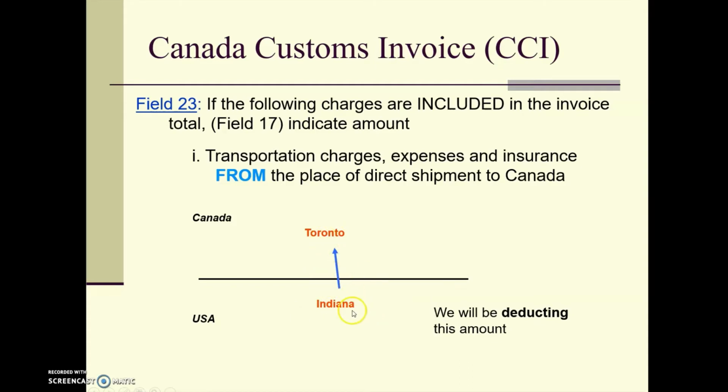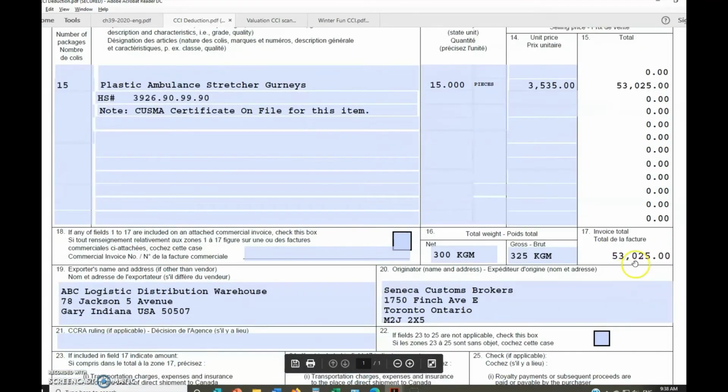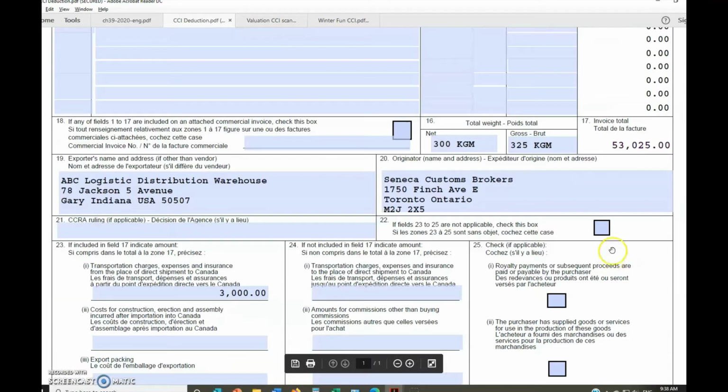If the freight is included in the selling price, meaning the person in Canada is paying one price, that price includes the goods and the freight in one amount. We indicate that amount in field 23I, and we will be deducting that amount from field 17 because due to Canada Customs regulations, you don't have to pay duty on the international freight.